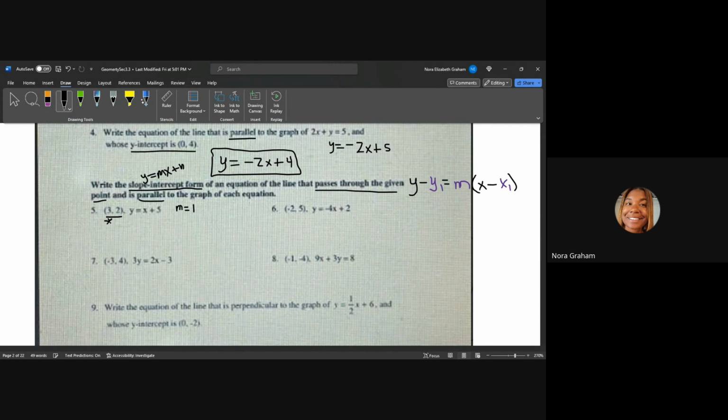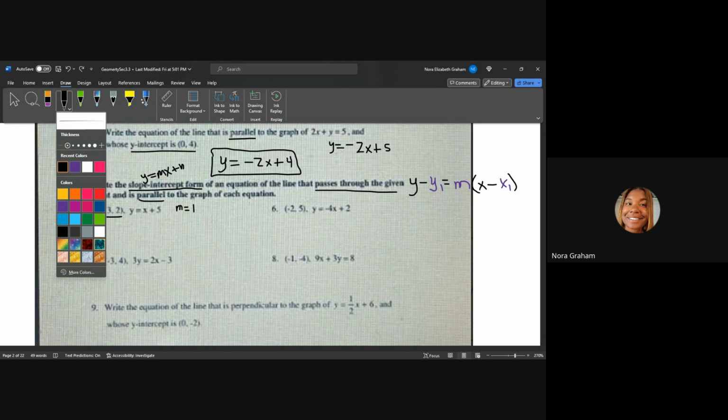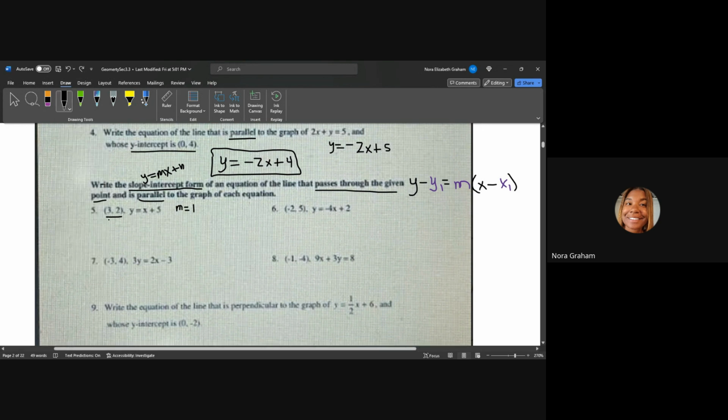Sorry, it's a hideous x. Let me rewrite that. This is my x sub 1, my 3. My y sub 1. If you're taking a test or a quiz, it's always good to label your coordinates, just so when you're doing math, you don't forget which is which. That's a common mistake of students, is they switch them.